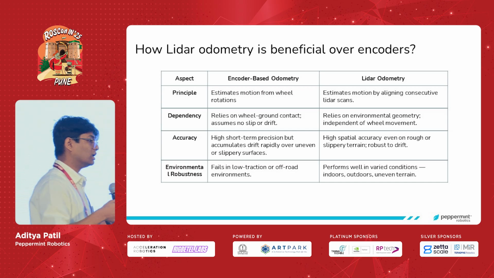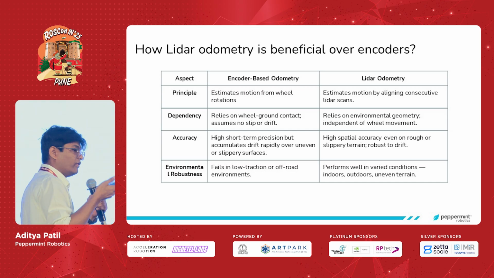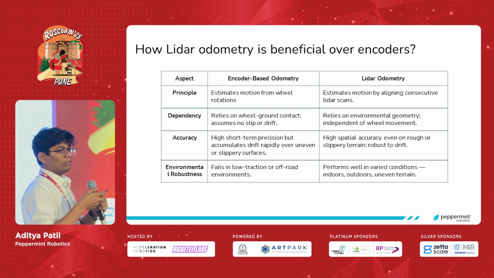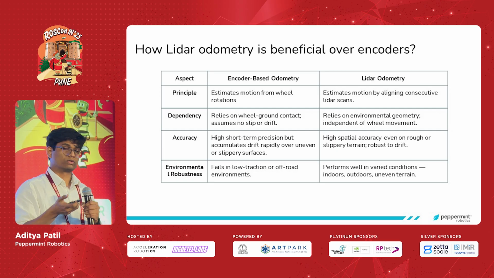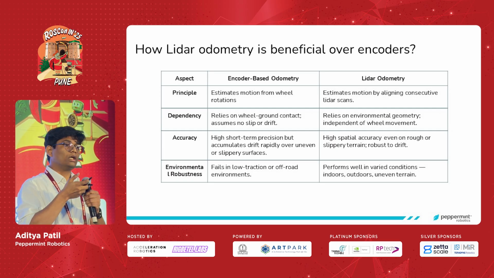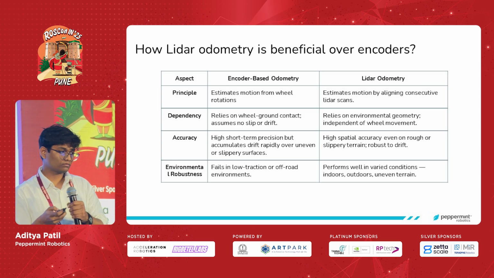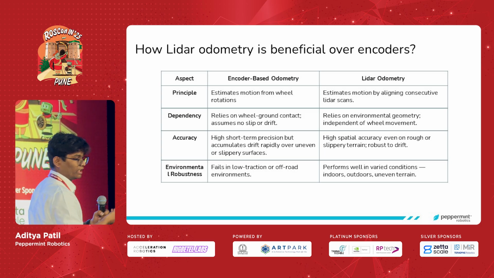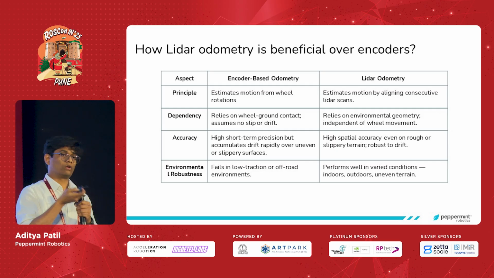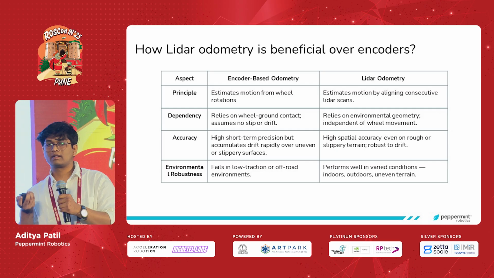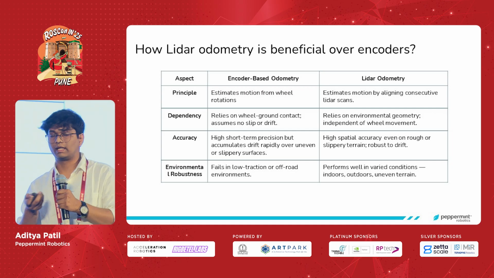The first is the principle: encoder-based odometry relies on pure rolling motion. So if there is any chance the robot is operating on rough terrain, the encoder-based odometry is going to fail. The same with the dependencies: if your robot is not in good contact with the ground, your encoders are going to give a noisy result, and they're going to fail.